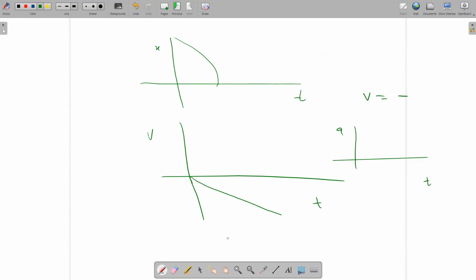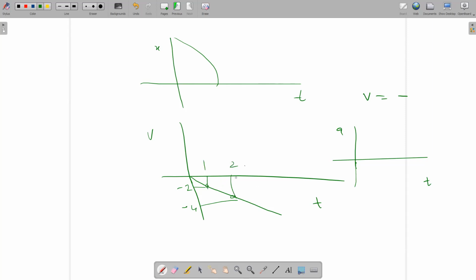AT graph will be what? If you want to find this graph, I think it will be a straight line from 0, and it will be positive. If we take the values, you can see this value. If this is -2 and this is suppose -4, and this is 1, this is 2.